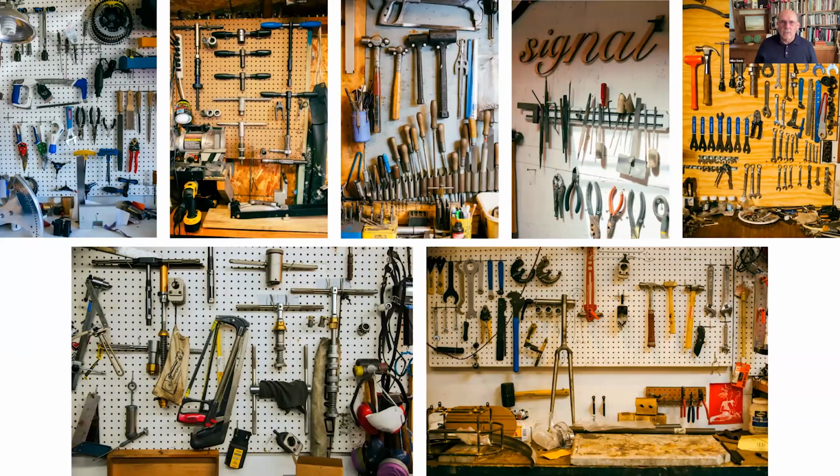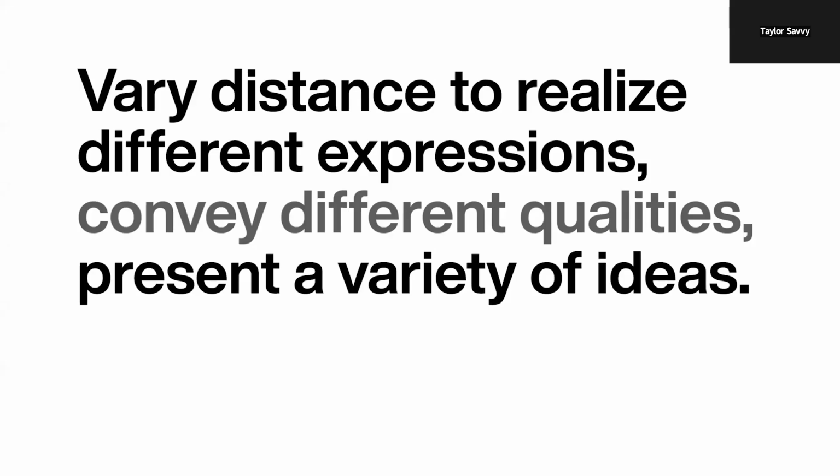So distance is extremely powerful and important. You're essentially varying the distances to say different things, to make different expressions, qualities, ideas in this setting. Unless the point is to not vary distance because you have a thread that you're weaving through a variety of settings and you want people to understand what is unique to each setting.